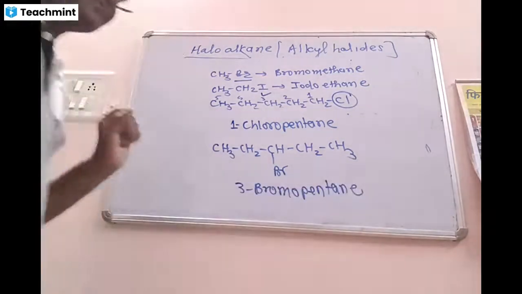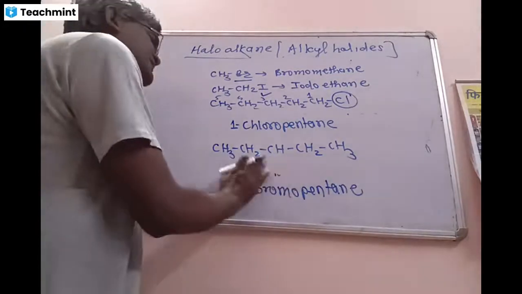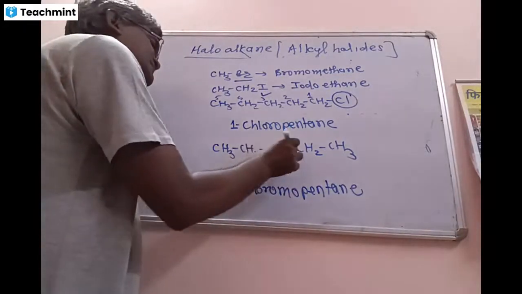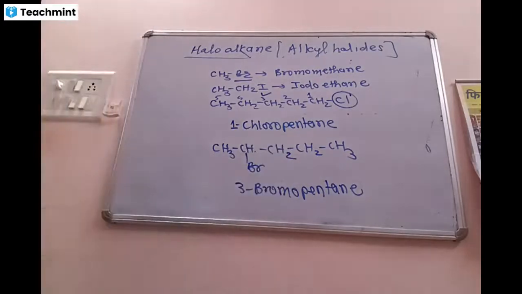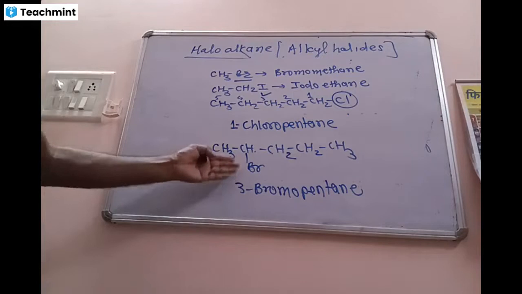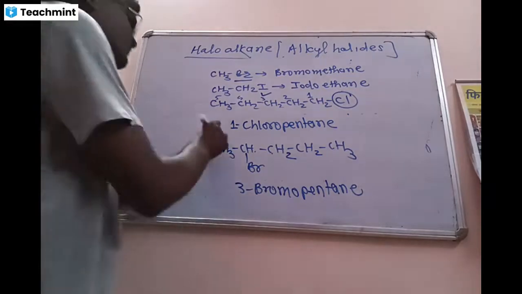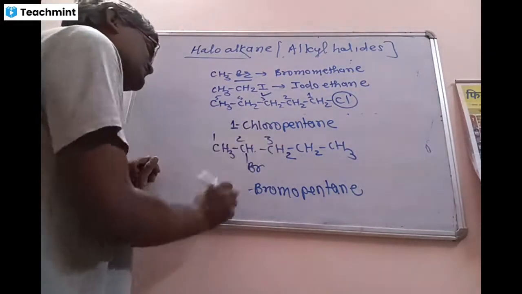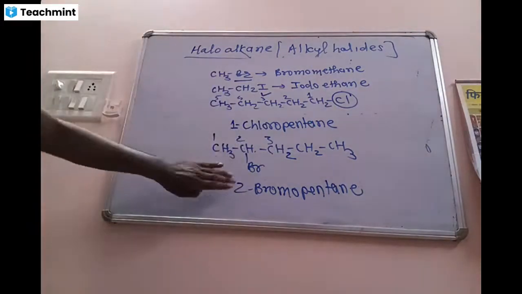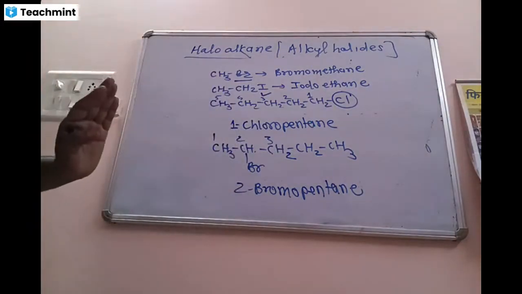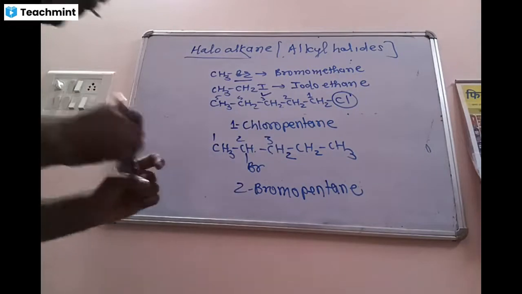Yes. If you write Br here, will it be 3-bromopentane? No. That should be numbered 1, 2, 3 like this, so that should be 2-bromopentane now. You got the difference between the previous name and this name? Yes.